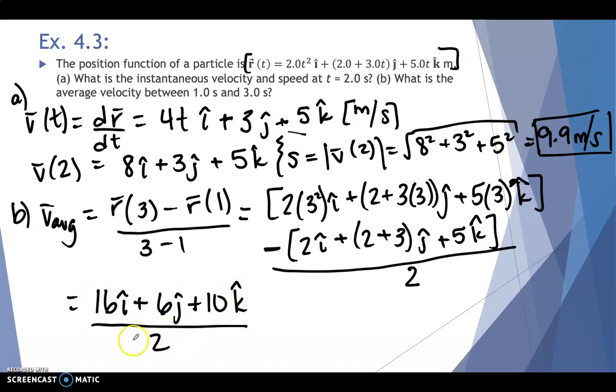So just divide by 2 in each individual component here, and we get 8i plus 3j plus 5k.